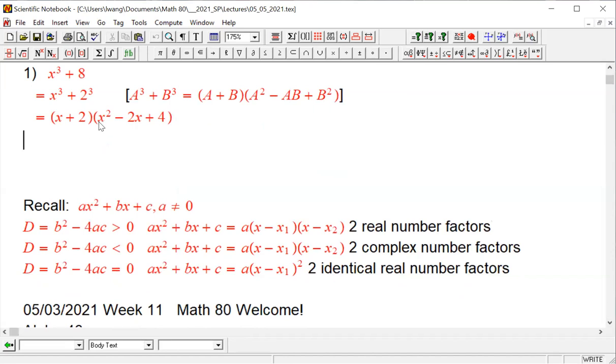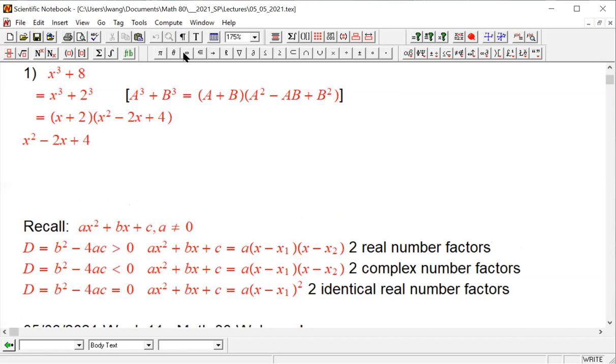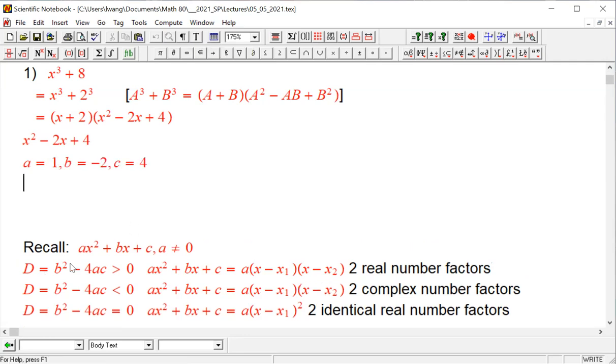Okay, what we have here is that for this quadratic function, we have a equals 1, b equals -2, c equals 4. So what is the discriminant?